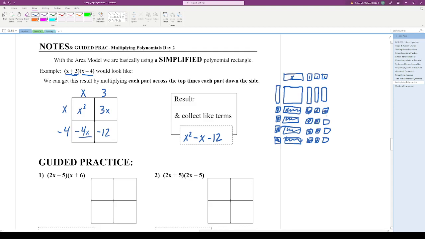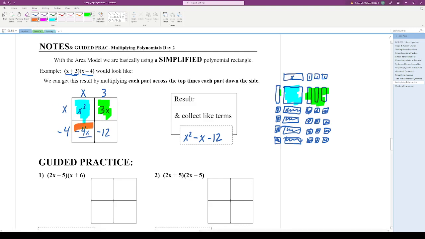And then let's look at how this model compares. So this top left box here corresponds to the top left box here, where we multiplied all of our x type things together. The top right box, this 3x, is right here at the top right of our tile model. It was where we multiplied this x by 1 3 times.